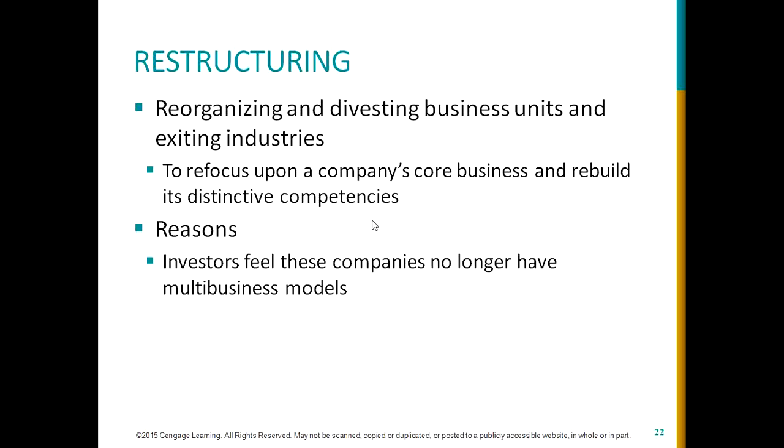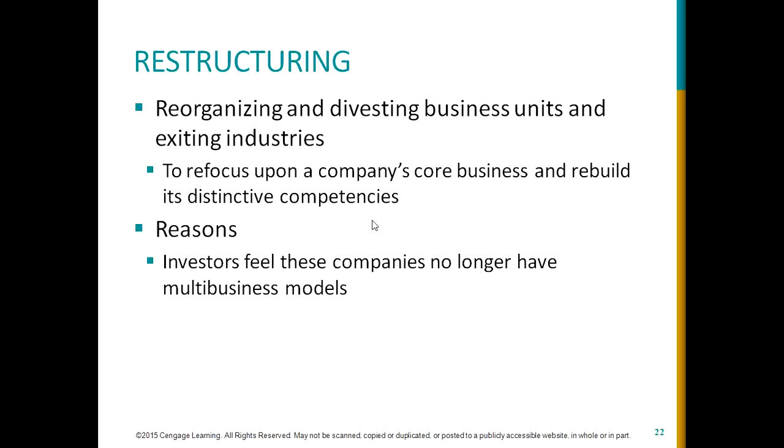Now, restructuring: sometimes companies need to exit industries to increase their profitability and split their existing business into separate independent companies. Restructuring is the process of reorganizing and divesting business units and existing industries to refocus upon a company's core business and build its distinctive competencies.